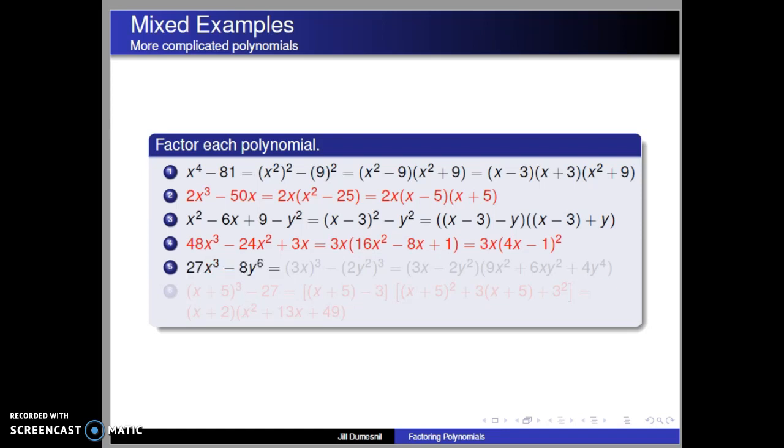If we want to factor 27x cubed minus 8y to the 6th, we might notice that y to the 6th is y squared cubed, and 8 is 2 cubed, so we can write this as the difference of cubes with bases 3x and 2y squared.